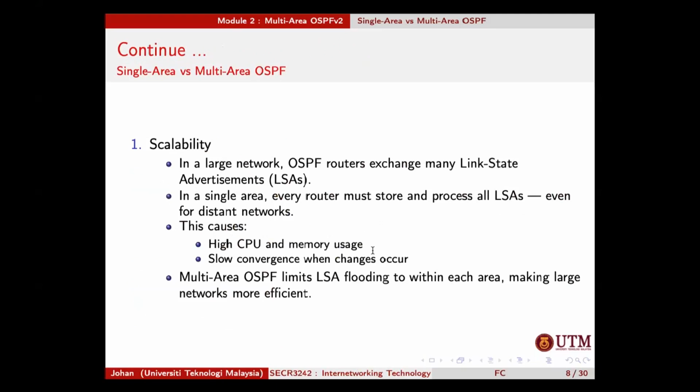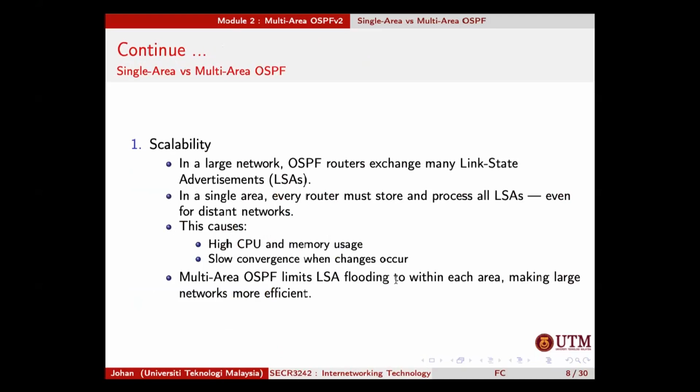This causes high CPU and memory usage, and it will also slow convergence when changes occur, because the network is large. With multi-area OSPF, it limits LSA flooding to within each area, making a large network more efficient.